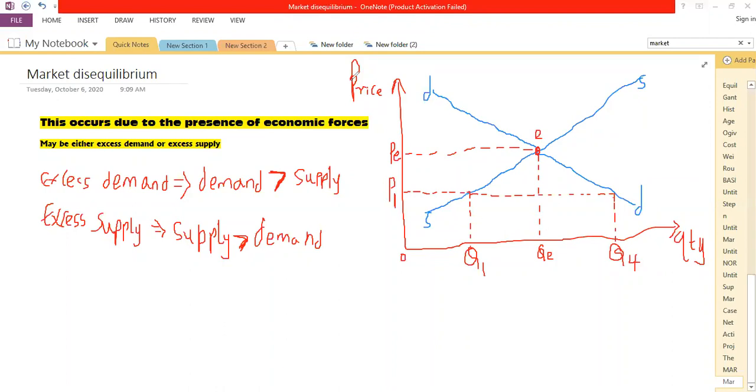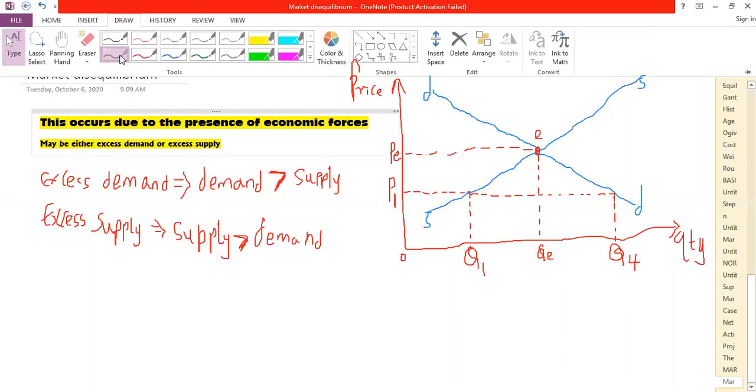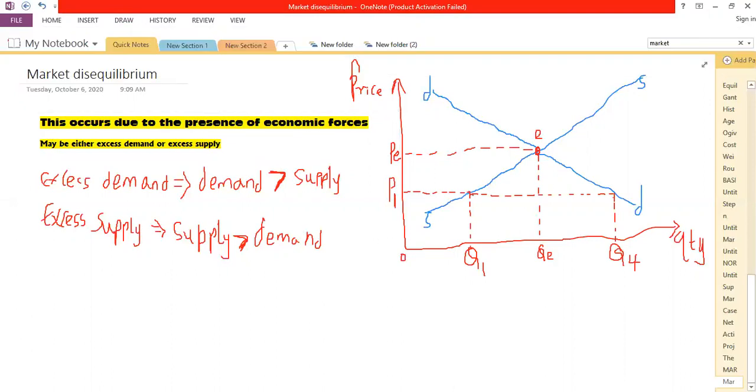As you can see now, there exists a difference between the quantity demanded and of course the quantity supplied in the market for this commodity.